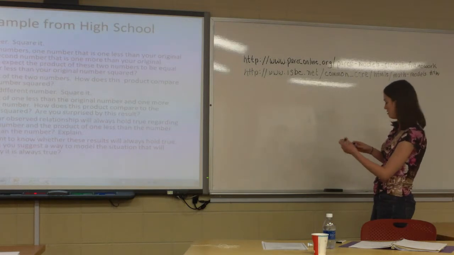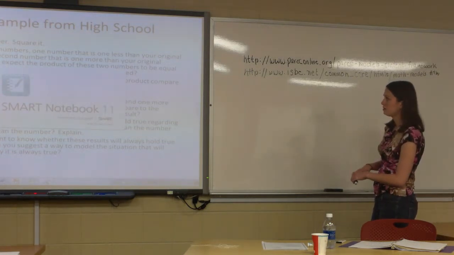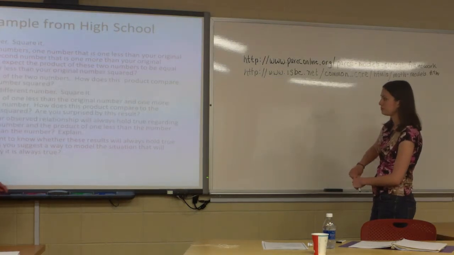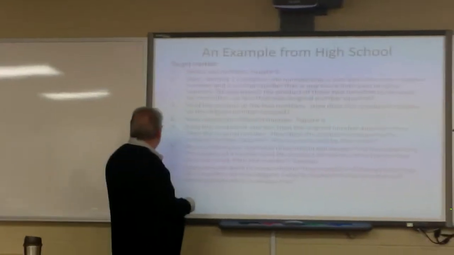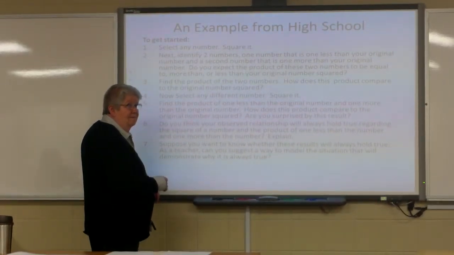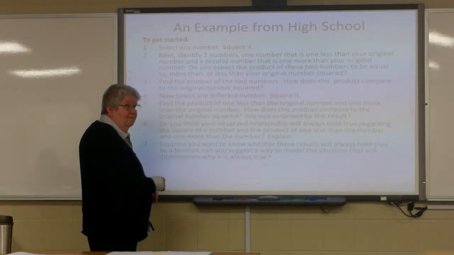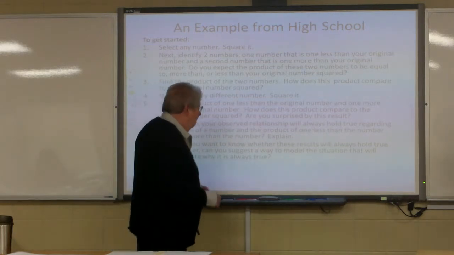If you want to slow things down, ask whether the numbers you pick are positive or negative. Did you go negative? Did you use an integer or a fraction? If you want to slow somebody down, or if they're positive and you want to make them extend that more, ask them, did you use a positive or negative number?